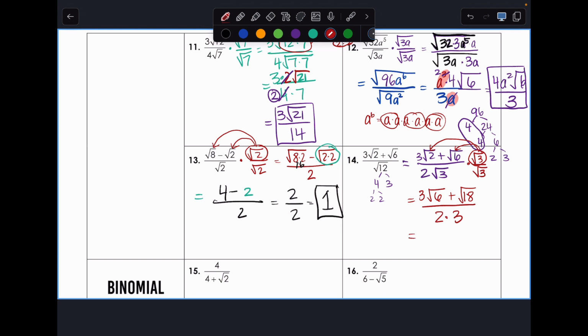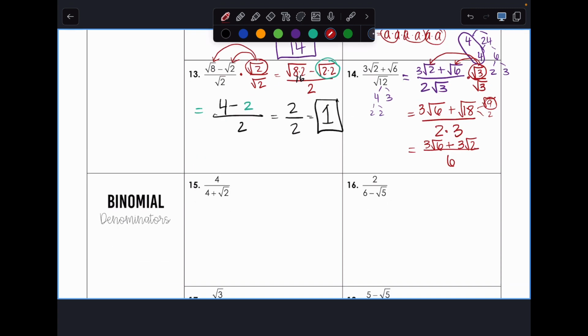Okay. Then I have 6 in the denominator. 3 rad 6 should stay as it is, plus 18. Break it down. 9 times 2, right? So that means I can take square root of 9, which is 3, and rad 2 is what I get. Is there a factor I can factor out of the numerator? 3. Is that simplifiable with the 6? Yes.